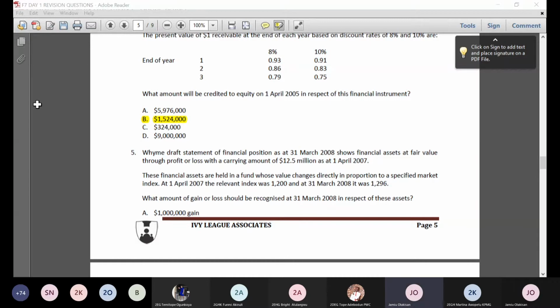Question 1, the answer that we selected, is B, right? Question 2, we selected C, right? Yes, sir. Question 3, we selected B, right?